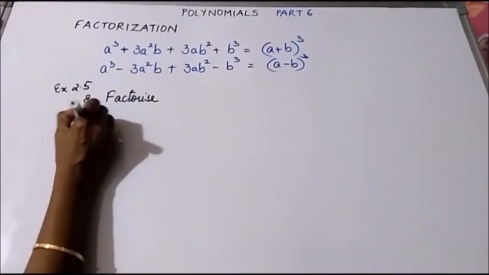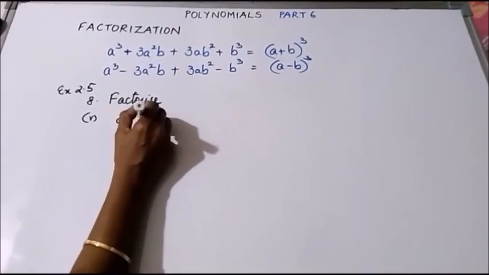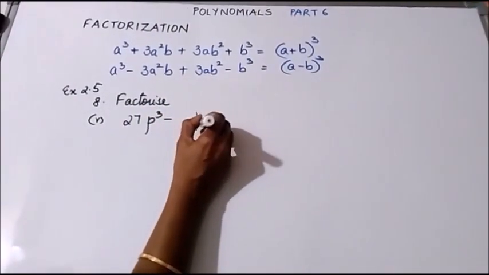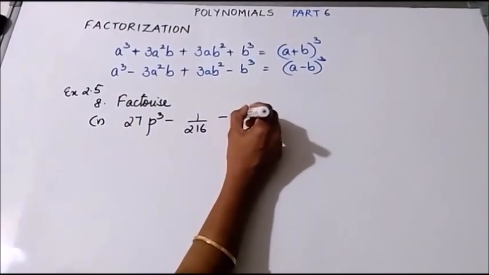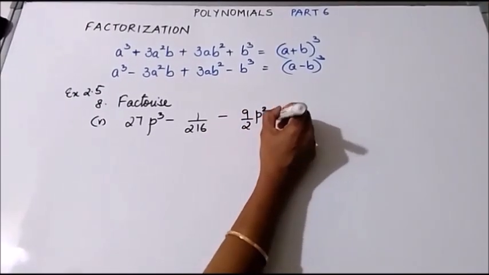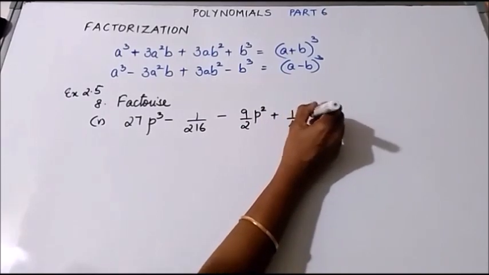Now in this, the fifth question, 27p cube minus 1 by 216 minus 9 by 2p square plus 1 by 4p.